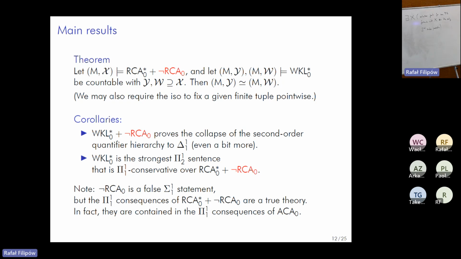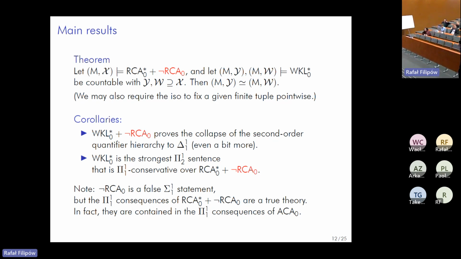And also, if you add this negation of induction to your axioms, then weak König's lemma is the strongest Π¹₂ statement that doesn't provide any new information about numbers, doesn't give you any new Π¹₁ consequences. So it's completely different than in the setting where you have Σ₁ induction. There you have lots of statements that were Π¹₁ conservative, and there was no strongest one. Here there is a strongest one.